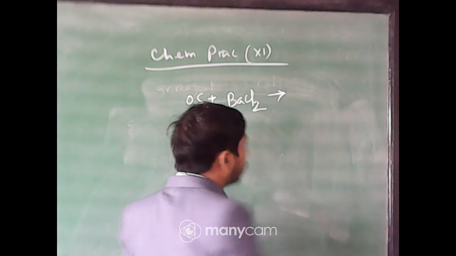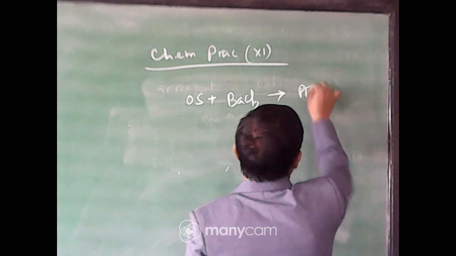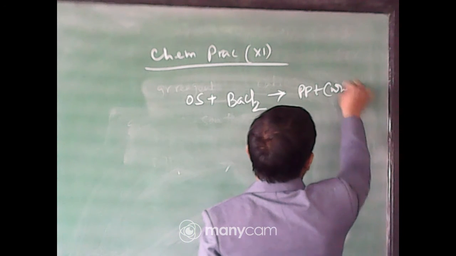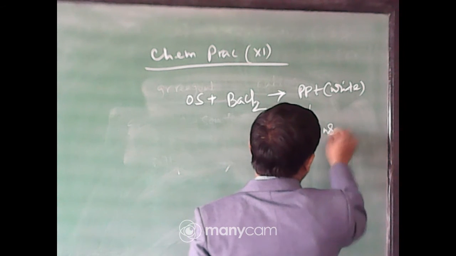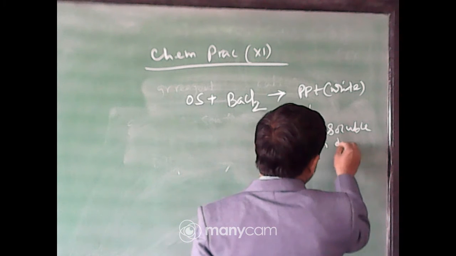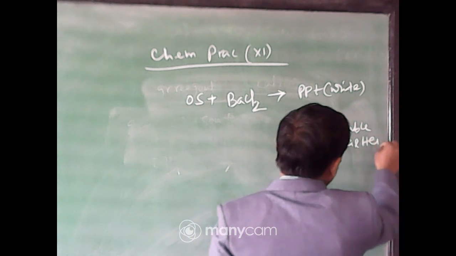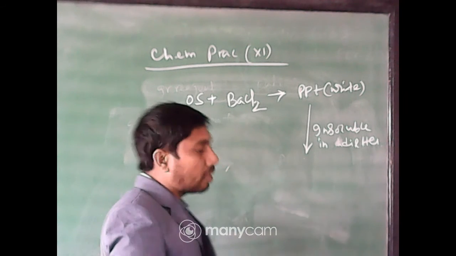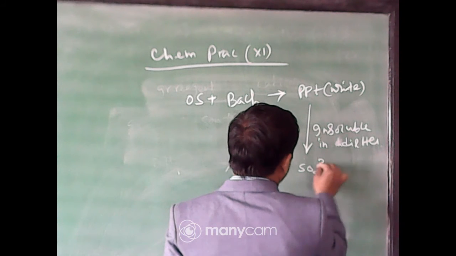Barium chloride solution will be available on the rack. It will produce a white PPT, and this PPT is insoluble in dilute acid, that is mineral acid, suppose dilute HCl. If it is insoluble in mineral acid, then it is for sulphate, SO4 2 minus.